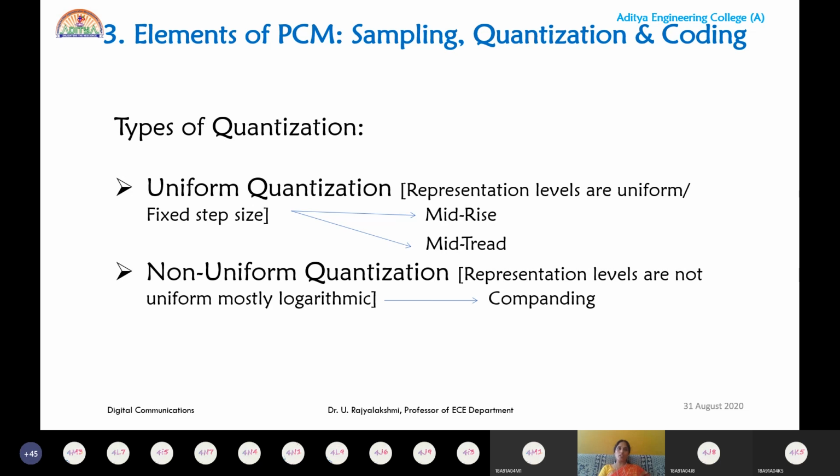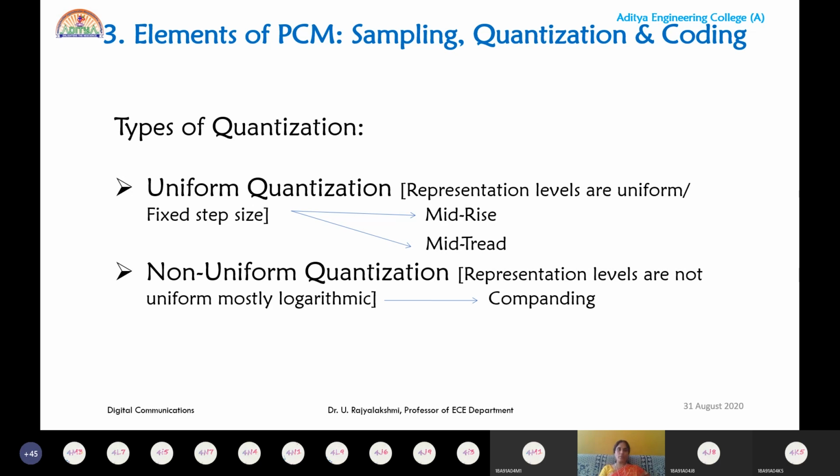For the low input level, the SNR should be low, and for the high input level, the SNR should be very high. So non-uniform quantization provides the required amount of SNR to the respective input magnitude level. The best example for that is compounding.